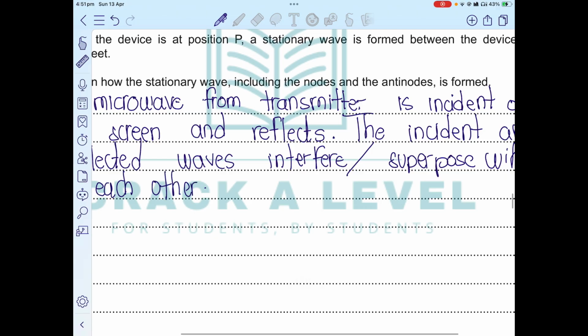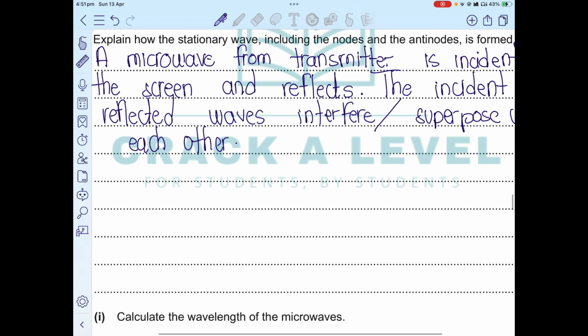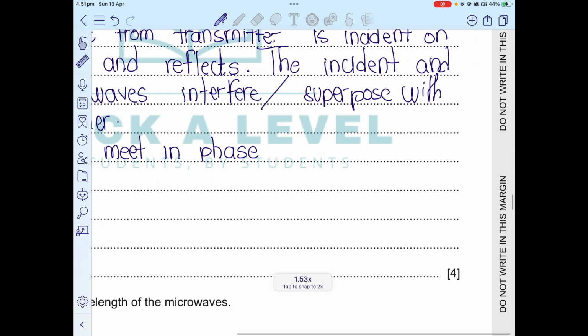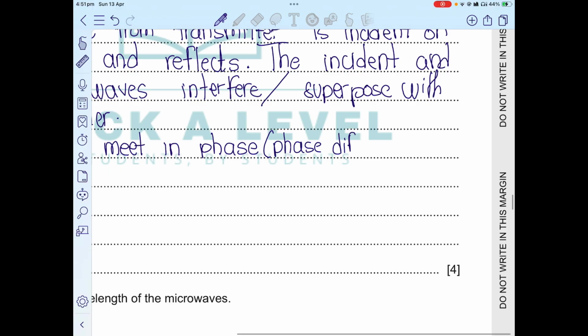Then we also have to explain how nodes and antinodes are formed.